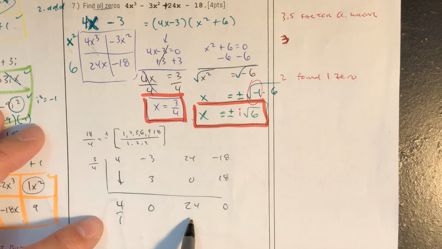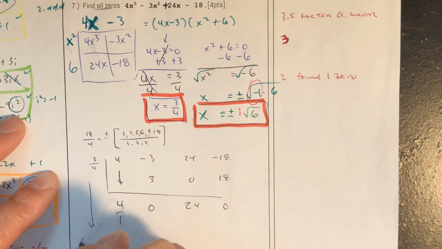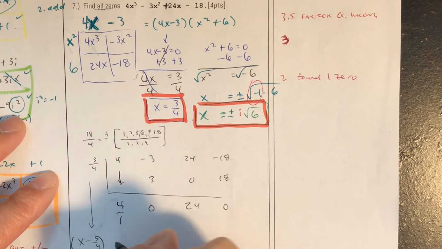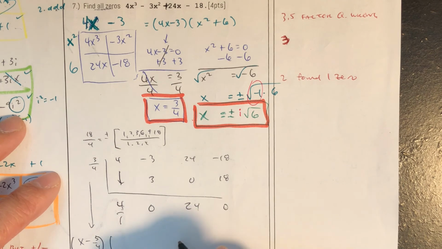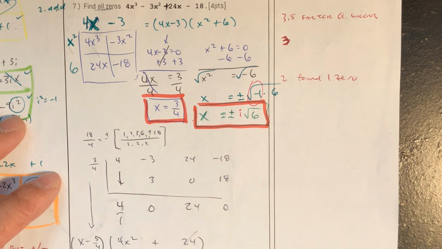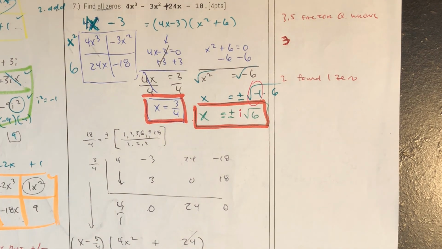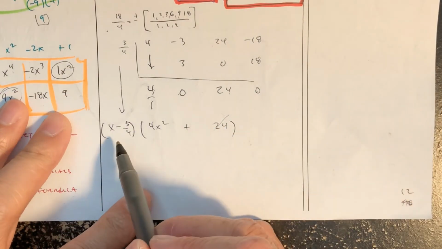And then you realize what you're left with. Remember, this started with x cubed, so this would be a constant. That would be an x, 0x, and this would be x squared. And then you're essentially doing the same thing from this problem.